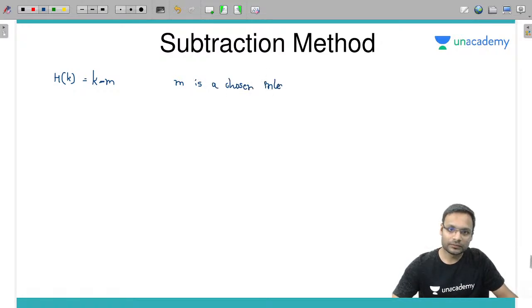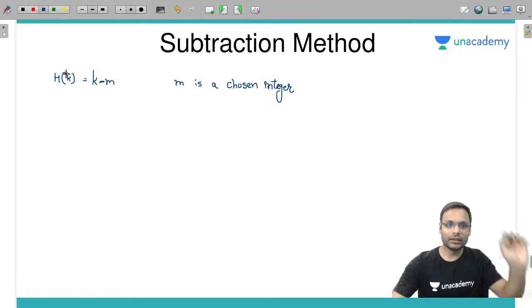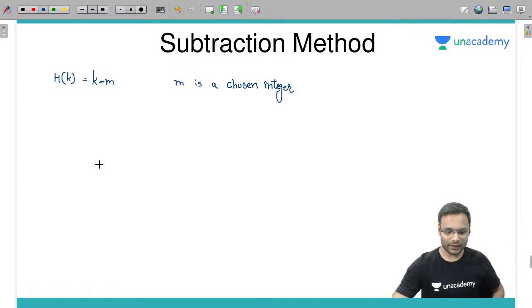You choose an integer, and that particular integer you will be subtracting from the key. That's it. Very, very simple.